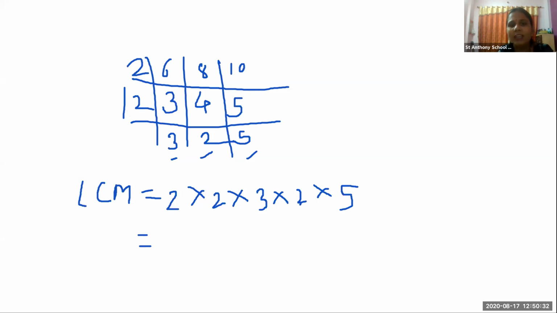So LCM is equal to 120. 2 2s are 4, 4 3s are 12, 12 2s are 24 and 24 5s are 120. Very good. Keep it up, everyone.